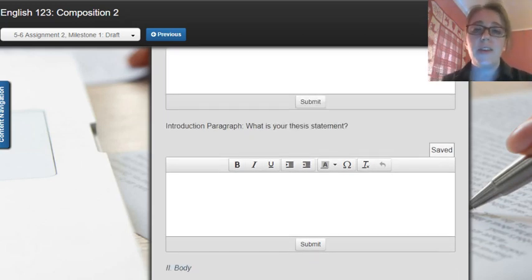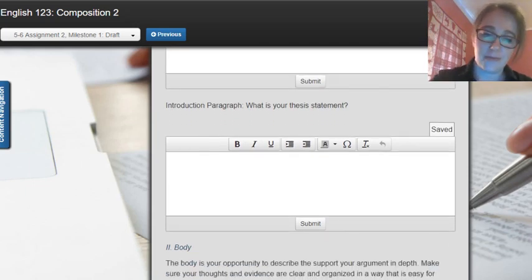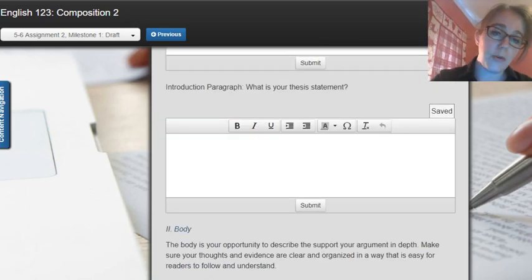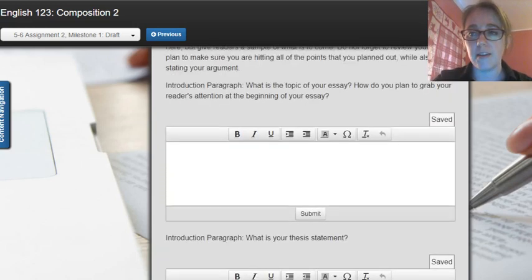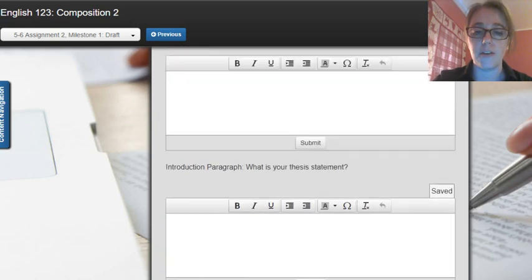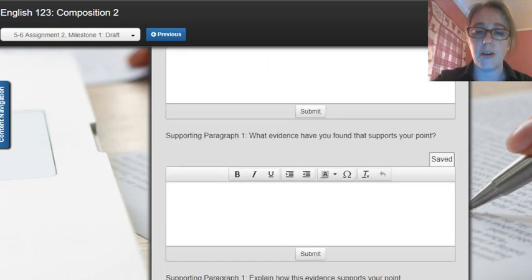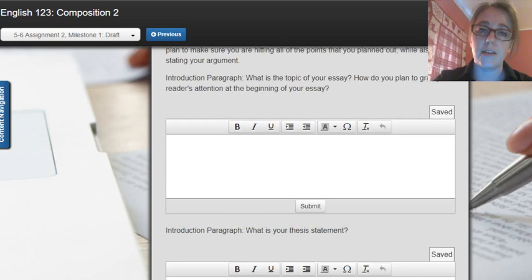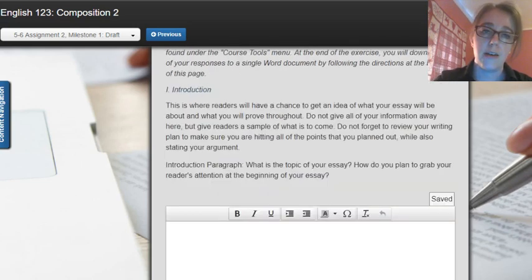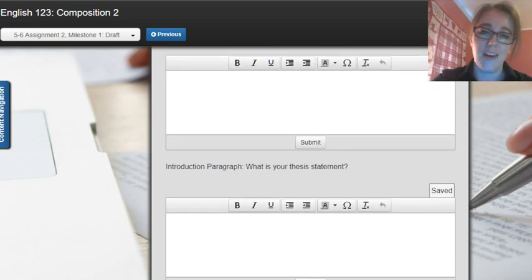Second prompt, what is your thesis statement? Yay! And you'll notice that when we scroll down, this transitions to our body. You're going to see that in this prompting activity. It is broken up. You've got your introduction, you've got your body, and if we go down further, you have your conclusion. What is really cool about that is you're piecing together your introductory paragraph right here. You've got your attention getter, your topic, and your thesis statement.